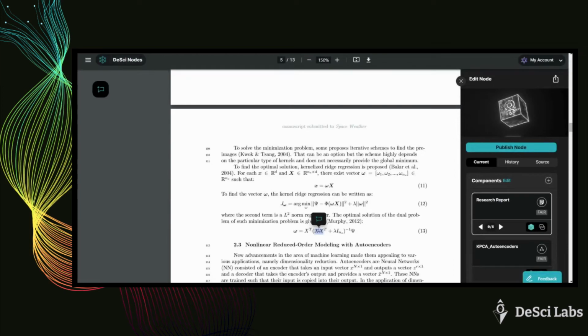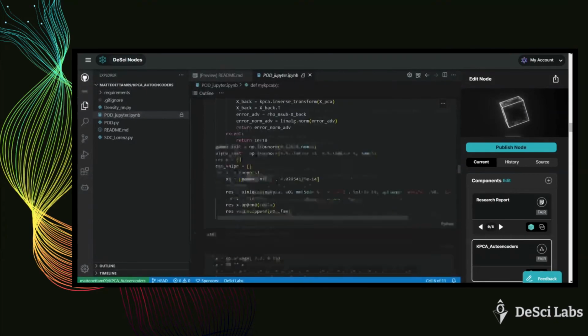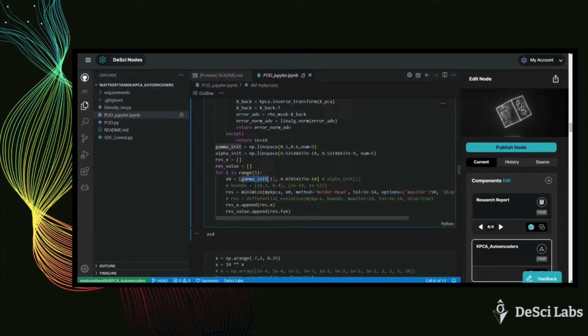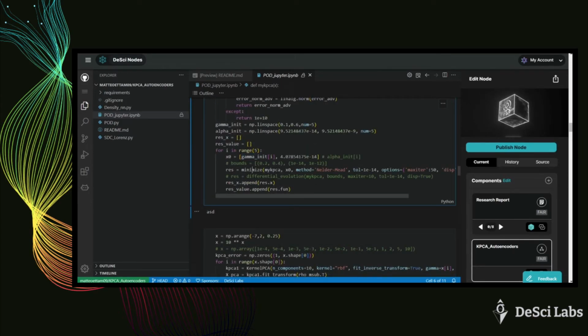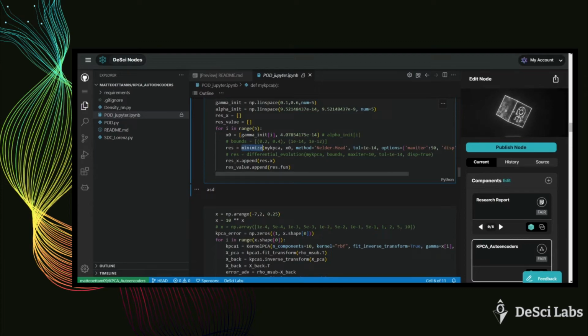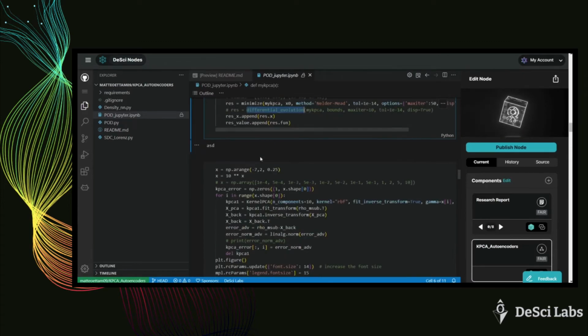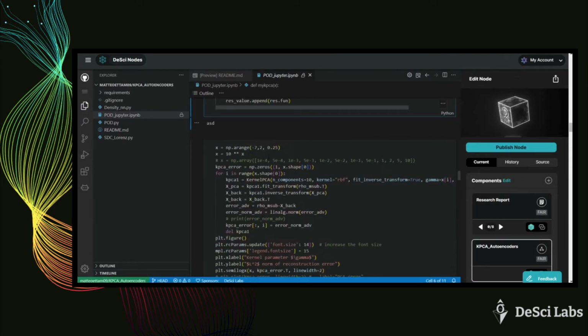That's why at the end, we decided to just optimize gamma. And then that's it. This is just a normal minimizer of SciPy. We also tried a local minimizer and a global minimizer. And I think that's it.